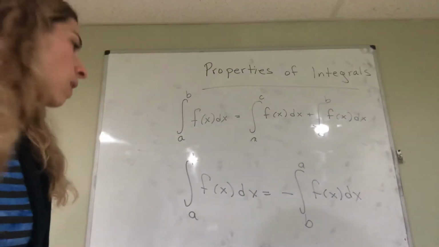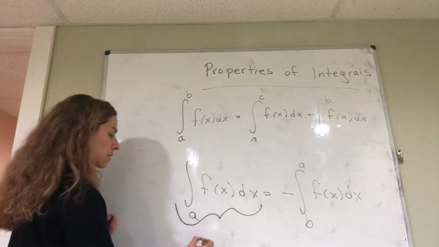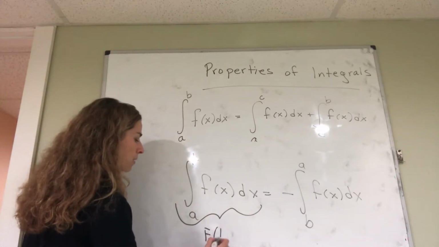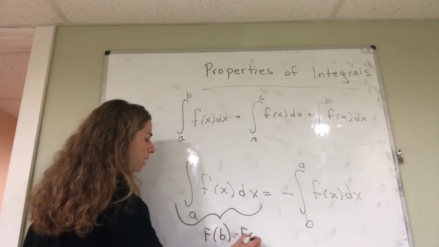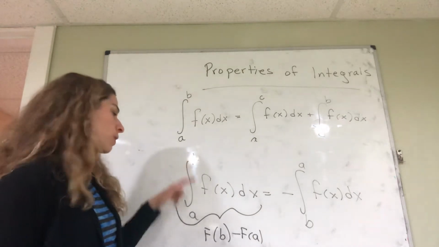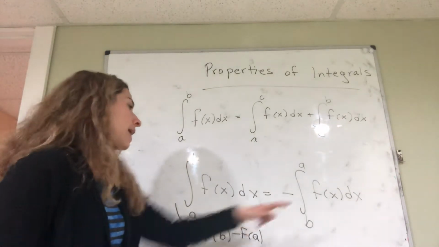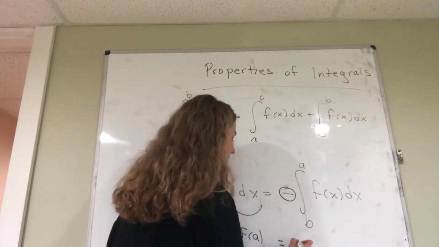And this is also easy to see because, for instance, if you were to evaluate this using the fundamental theorem of calculus, this would come out to be f of b minus f of a. You would find the antiderivative, plug in the upper limit first, and then minus the lower limit. In this one, remember I have my minus sign in front.